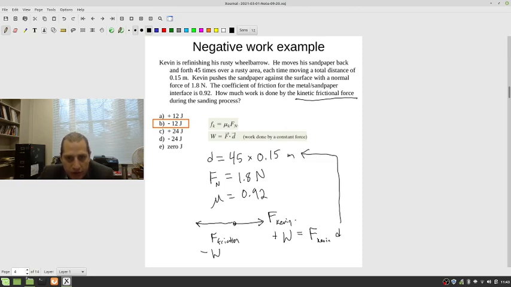Well, the force that Kevin is applying is essentially just enough to counteract the frictional force, so it's going to be the force of friction, which is mu times the normal force. So mu times Fn times d. And you should get something around a plus 12 for the work that Kevin is doing. And then the frictional force is doing negative work, so it is taking energy out there.